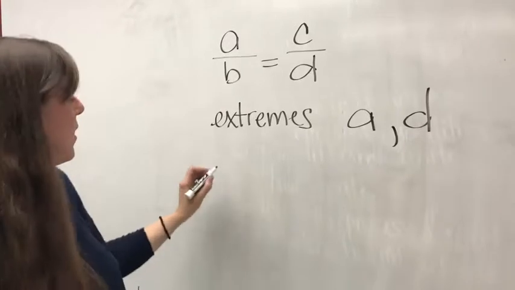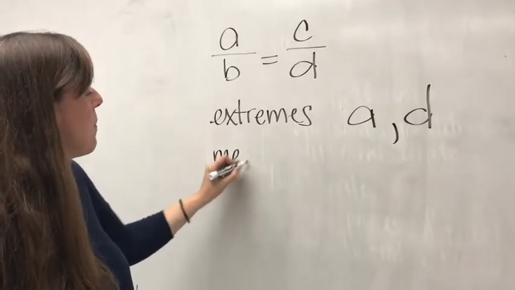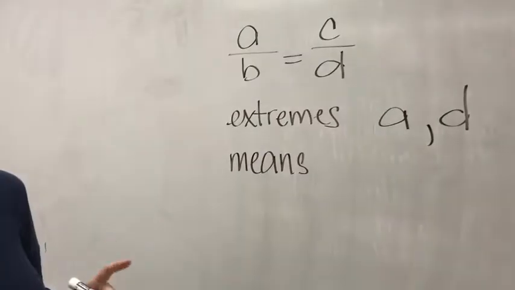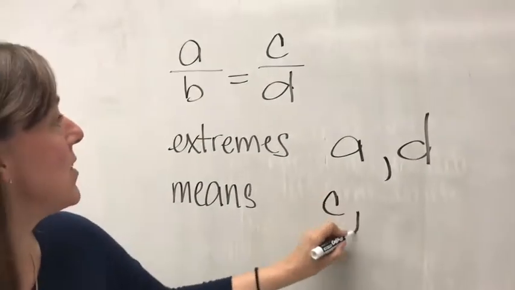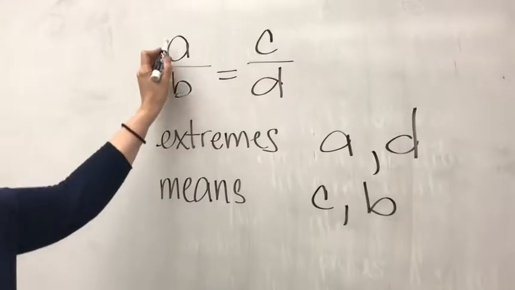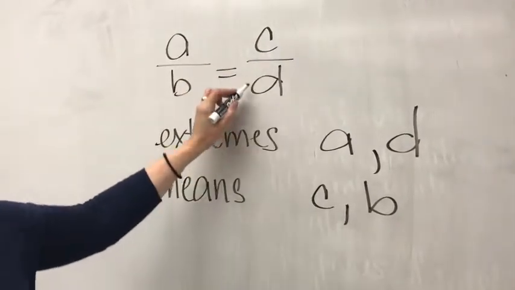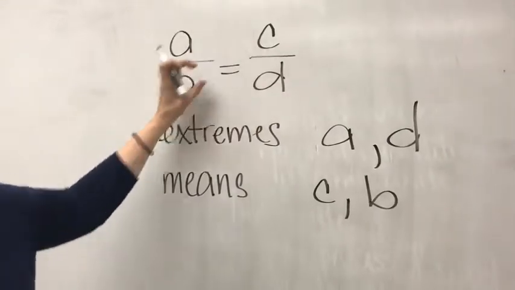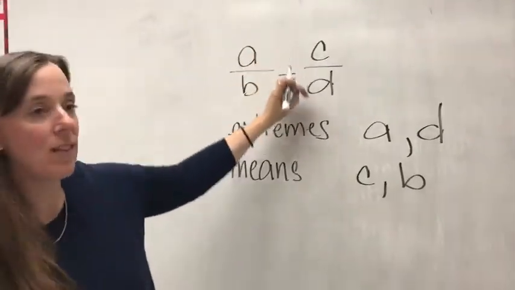And then if I want to ask about the means of the proportion, I bet you cannot guess that the means are going to be C and B. So the extremes are the ones on the outside furthest away, and the means are the ones in the middle if you're reading like this.